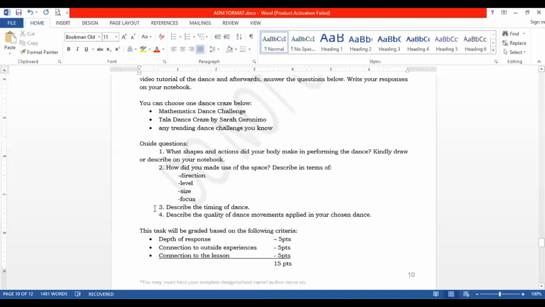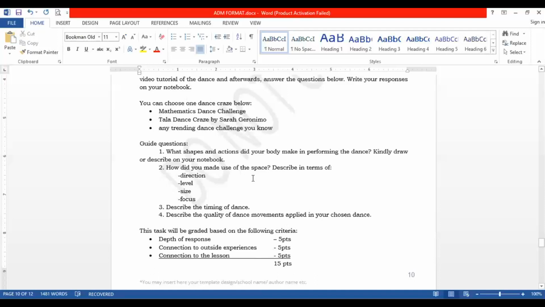Okay? So number 3, describe the timing of the dance. Number 4, describe the quality of dance movements applied in your chosen dance. So lahat ng guide questions na to, masasagot ng mga bata kapag nag-perform sila or nag-engage sila sa physical activity that you provided for them. So dalawang target, we target the standards of HOPE here in this case.